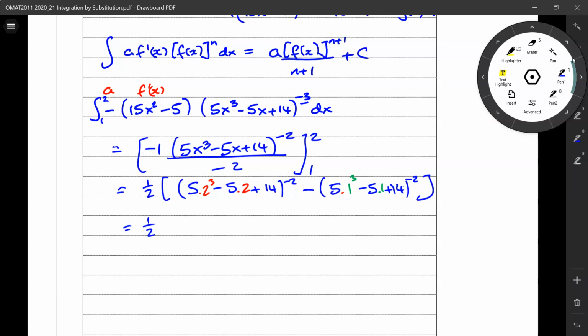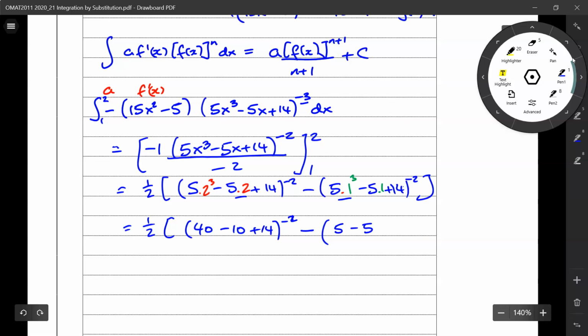so that gives us a half times: 2 cubed is 8, 5 eights are 40. So it's 40, minus 5 times 2 is 10, plus 14 to the power of minus 2. So that's basically 1 over that lot squared, minus 5 times 1, so it's 5 minus 5 plus 14 to the power of minus 2.